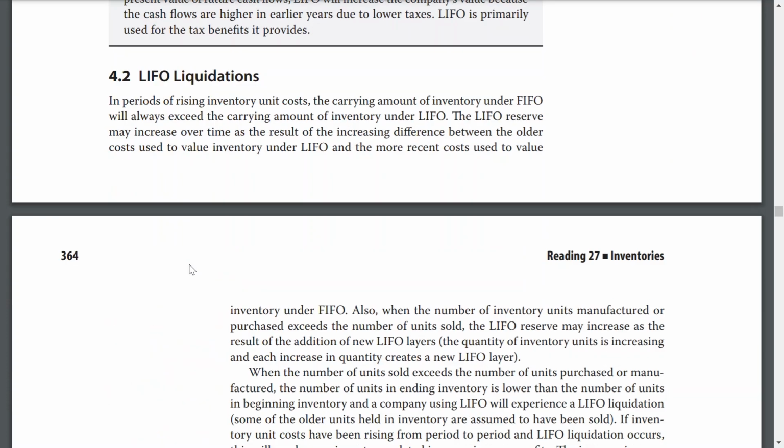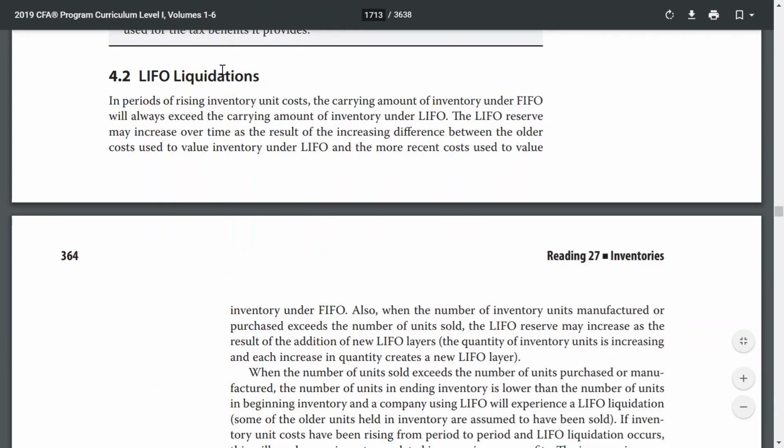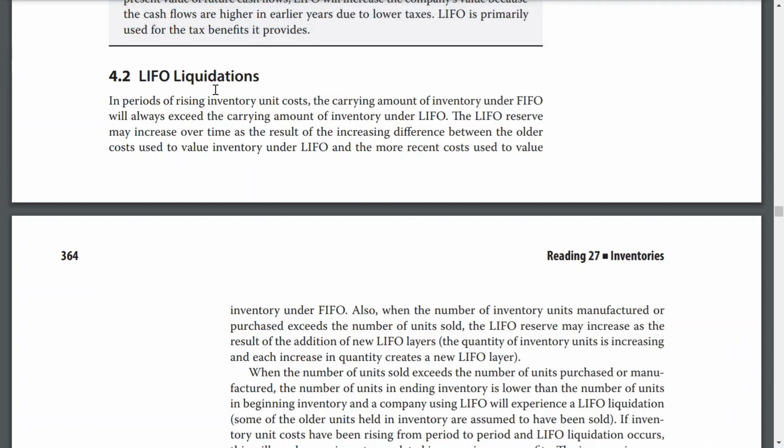Okay, LIFO liquidation. In periods of rising inventory unit cost, the carrying amount of inventory under FIFO will always exceed the carrying amount of inventory under LIFO. The LIFO reserve may increase over time as a result of the increasing differences between the older costs used to value inventory under LIFO and the more recent costs used to value inventory under FIFO.